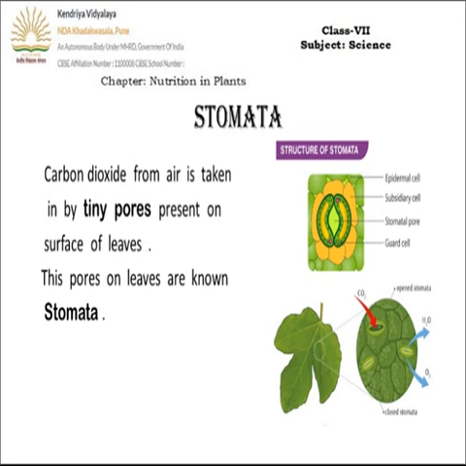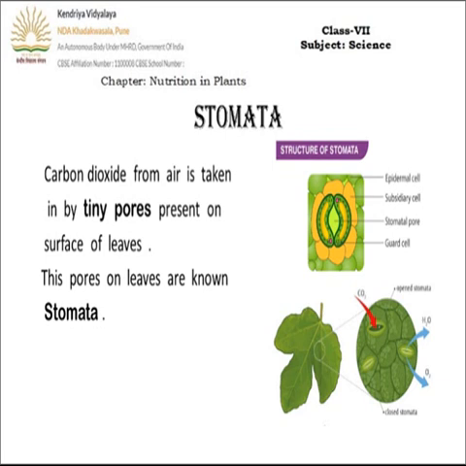In between two guard cells there is a space, an open pore, and that open pore is called stomata. As you can see in the picture, the guard cells are kidney shaped, or you can say bean shaped.